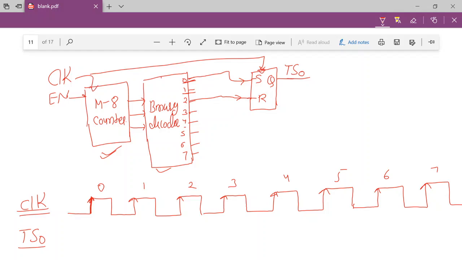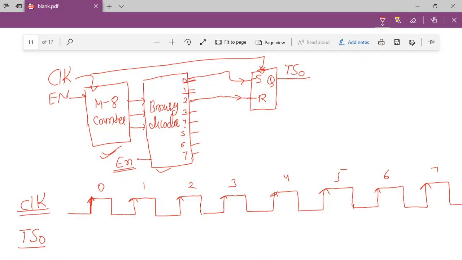So when the first positive edge trigger comes at the SR flip flop, no output will be active, right? Because we have not applied anything. So we can say that your binary decoder is in disable mode at first, right? This enable pin will be 1 only if there is some output from the counter.